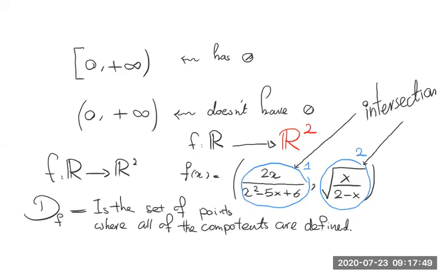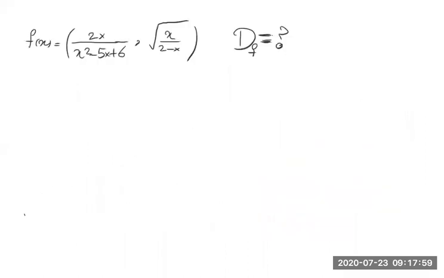I rewrote what we have here on the next page. So I want to compute the domain of this function. I should compute the domain of this function, and then I should take the intersection of these two.